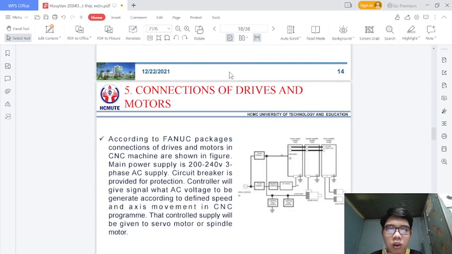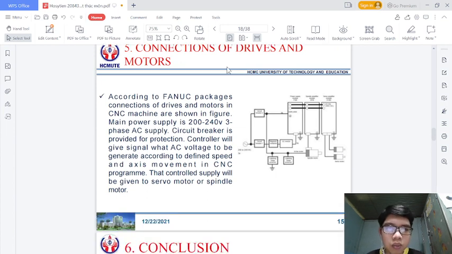5. Connection of driver and motor. According to Fanuc, the connection of driver and motor in a CNC machine is very important. The main power supply is 200 to 240 volts for AC supply.